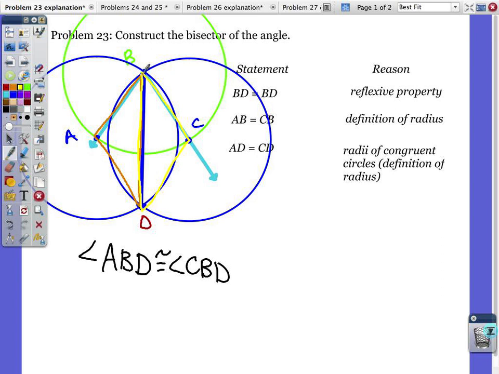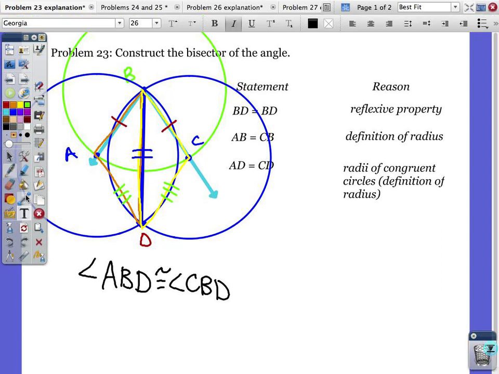All right, and what are the things that we've said are congruent? AB and CB are congruent. BD is congruent to itself. AD and CD are congruent. So what can we say about these two triangles? They're congruent. Why? By axiom 2, side, side, side.